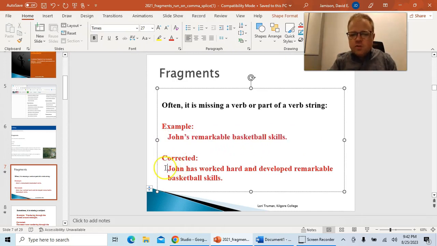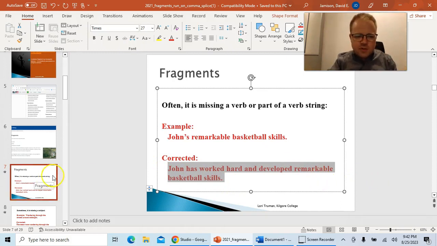So this is the correct way to do it. John has worked hard and developed remarkable basketball skills. John worked is the subject and verb here, and then it's explaining how he's worked and what that's led to. Complete thought.